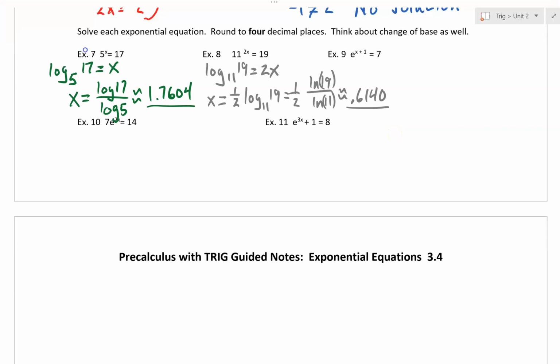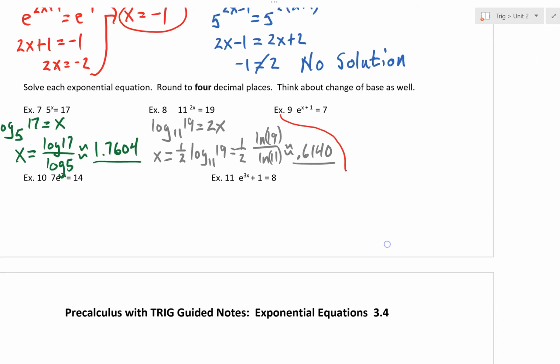Sorry, we're kind of going into the other problem here, so just make some room. This is e to the x plus 1 is equal to 7. So obviously we need a natural log here. Log base e, correct? So this is the natural log of 7, and that's going to equal x plus 1. So x is going to equal the natural log of 7, and then minus 1 on the end.